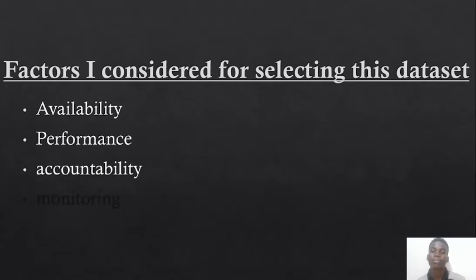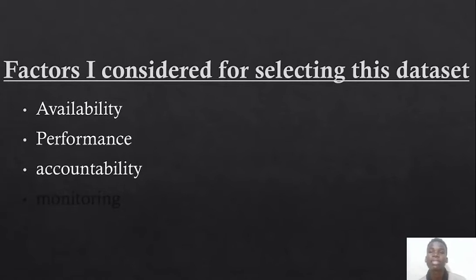So, there are very many varieties of datasets that we could use. So that's why we decided to use one of them because there are very many of them. Then another one, performance. This exact dataset works very well because it has been tested by very many people and they are giving good reviews.